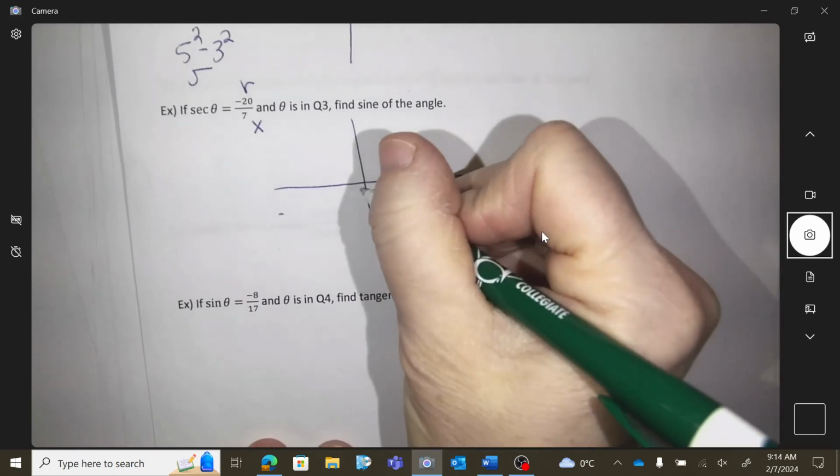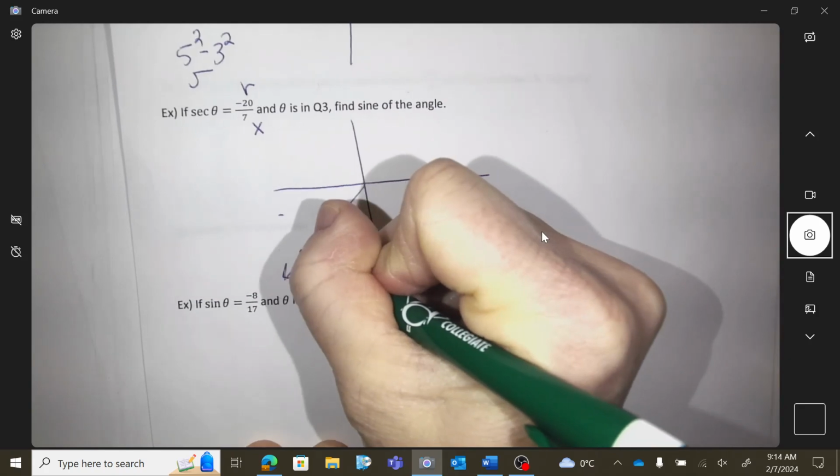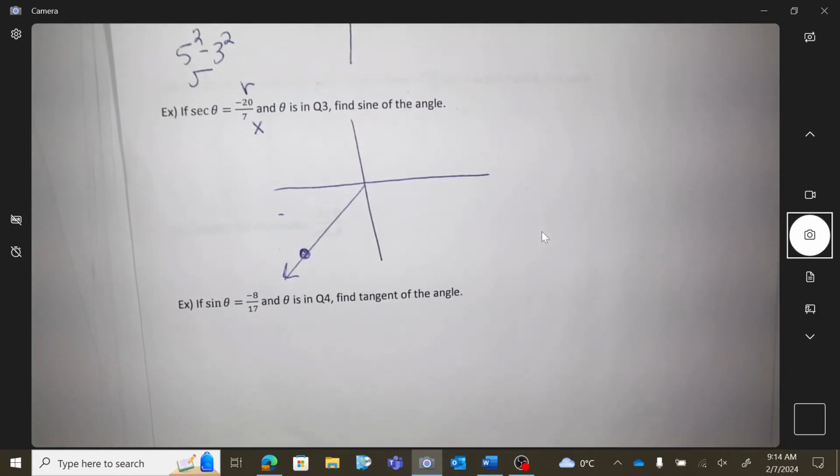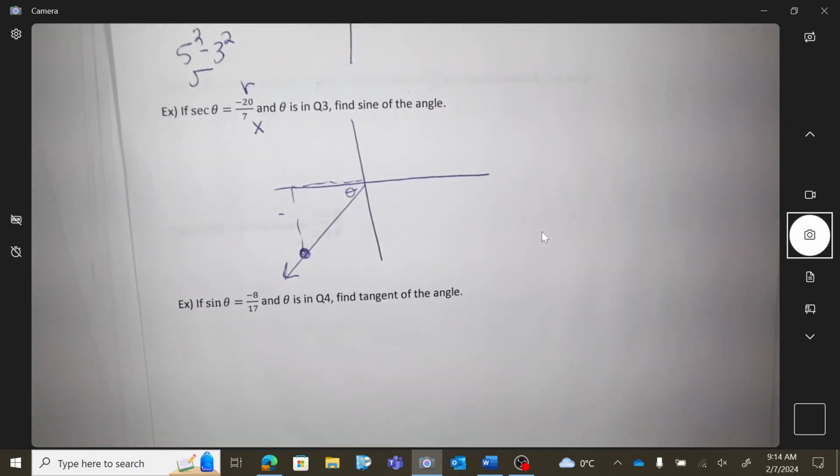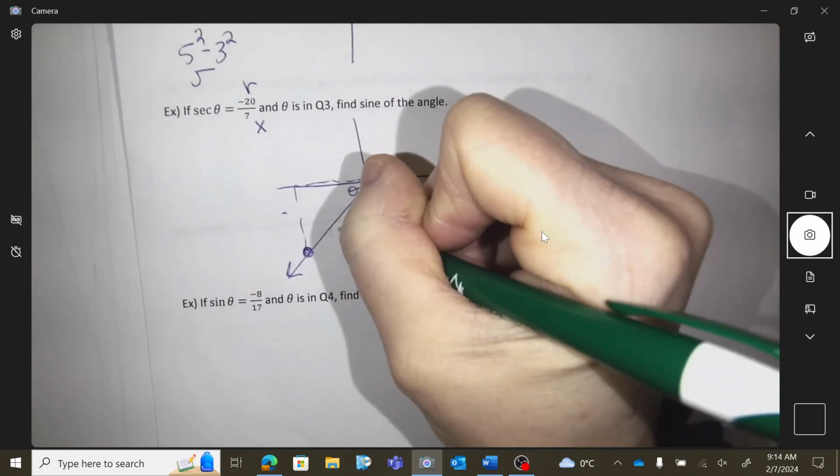So I'm going to draw something in quadrant 3. I'm going to draw my triangle. Okay, this doesn't make sense. A negative radius. You can't have a negative radius.